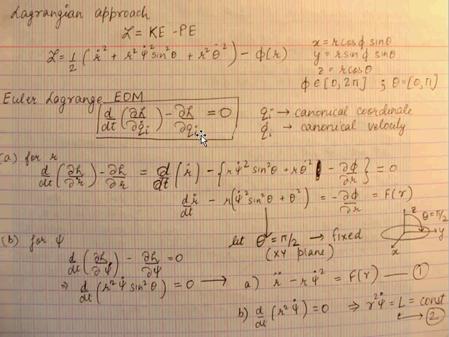So for example, in Cartesian coordinates, this i goes from 1 to 3, meaning x, y, and z, right? So let's try and solve the Euler-Lagrange equation of motion for the r coordinate, right? So this equation over here becomes d/dt of del L over del r dot minus del L over del r, right?